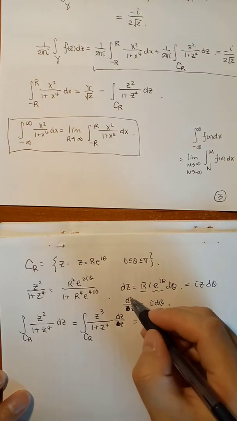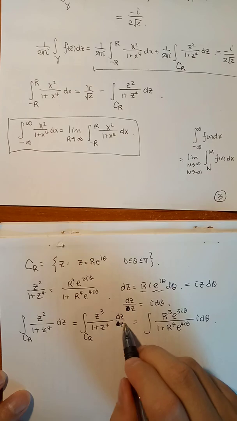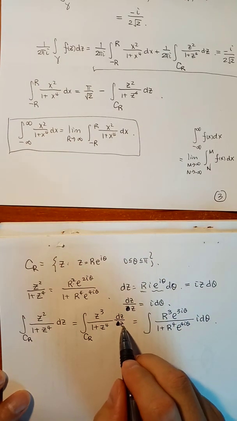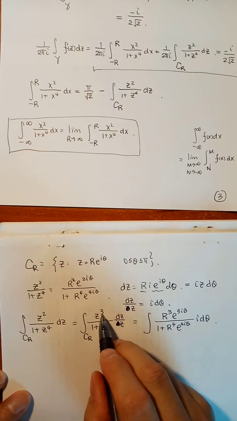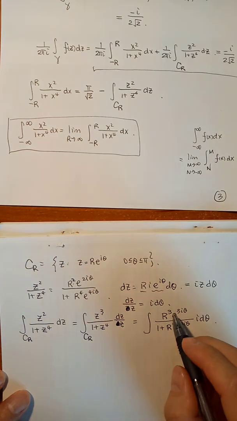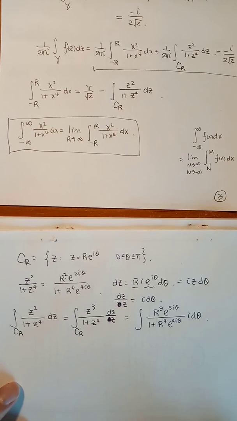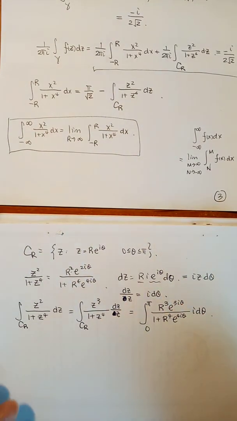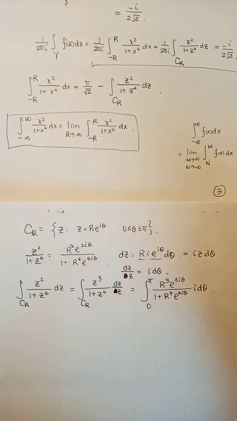So dz over z is i d theta, and here you put z in the denominator, then it becomes z cubed. Originally z was squared, so this is z cubed over 1 plus z to the 4. The orientation is from 0 to pi.